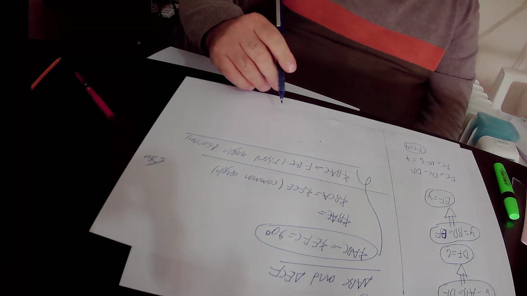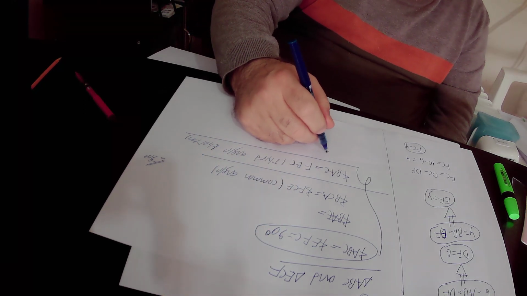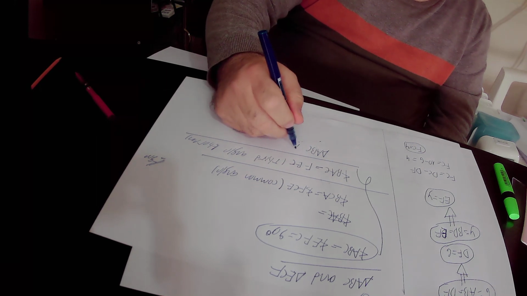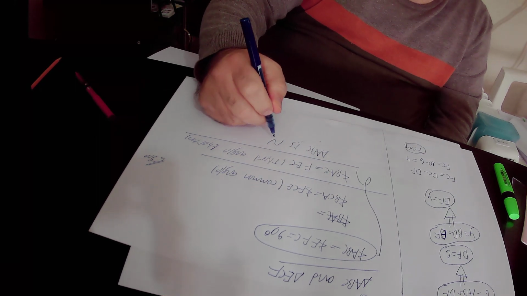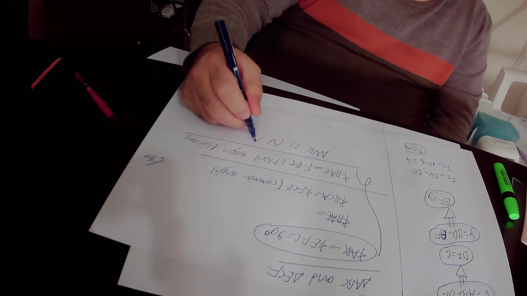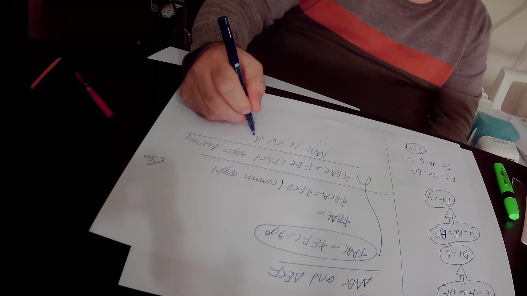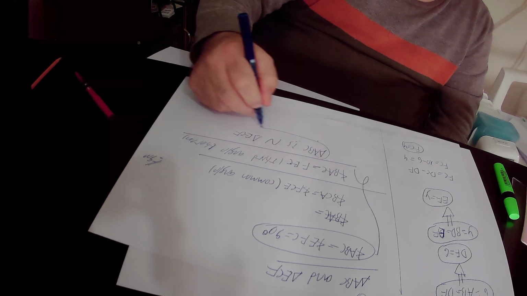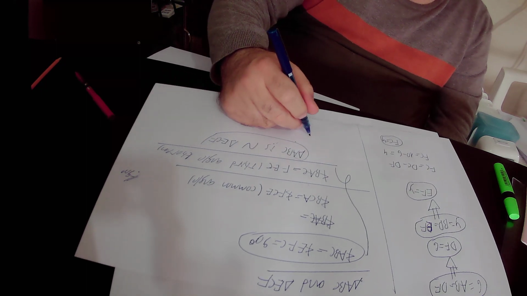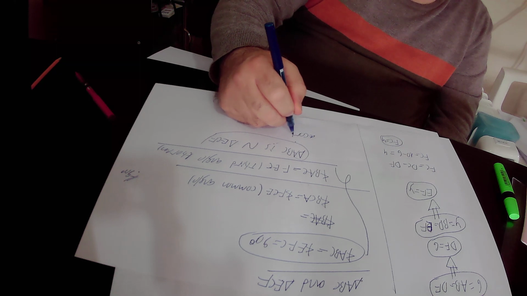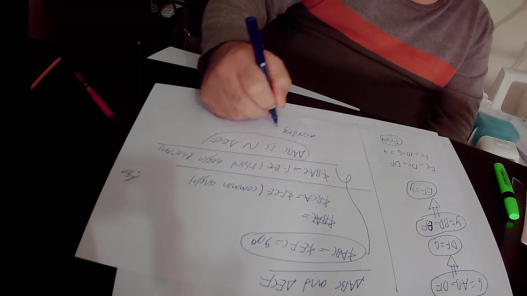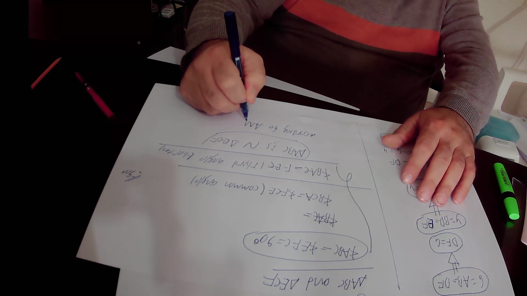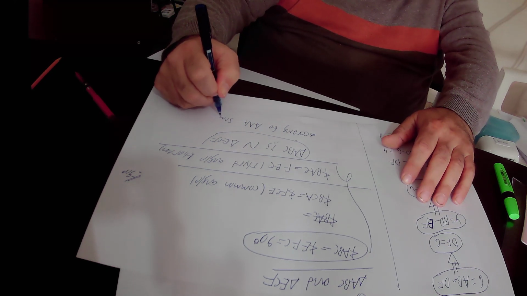Okay? Therefore, we can write down that triangle ABC is similar, this is the sign of similar, to triangle EFC or ECF according to the angle similarity rule.